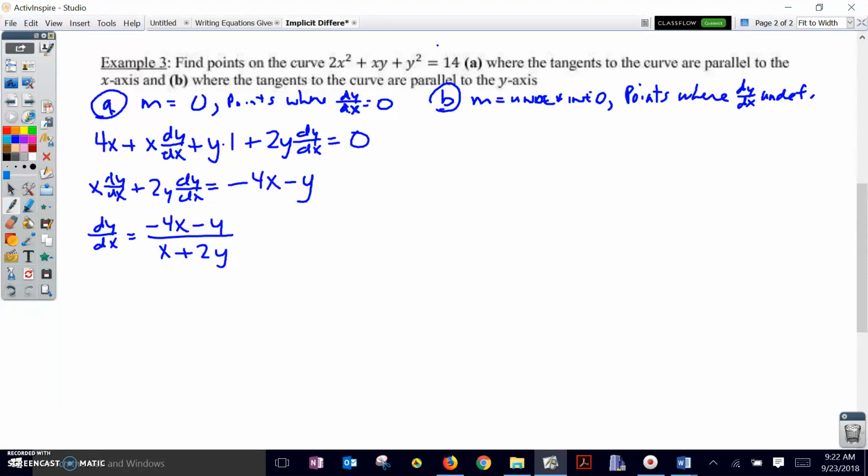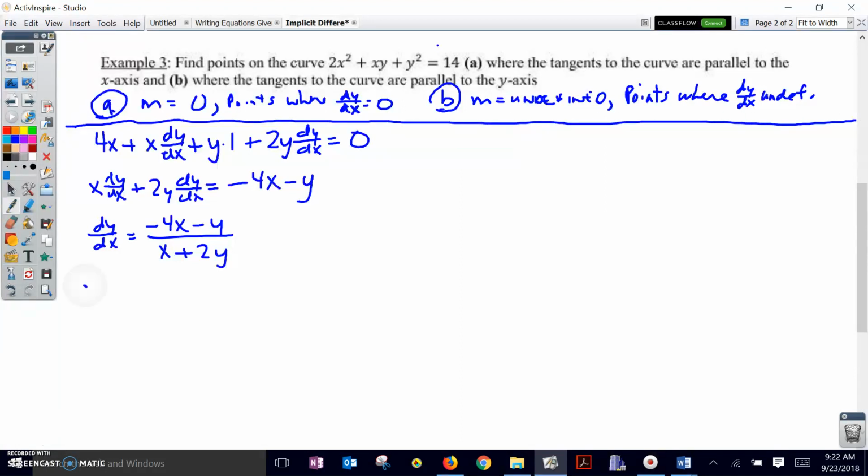And now that we have the derivative, we're ready to start part A. We're looking for where the derivative is equal to 0. Now, in order for the derivative to be equal to 0, we need the numerator of the derivative to be equal to 0. So we're looking for points that are solutions to this equation.